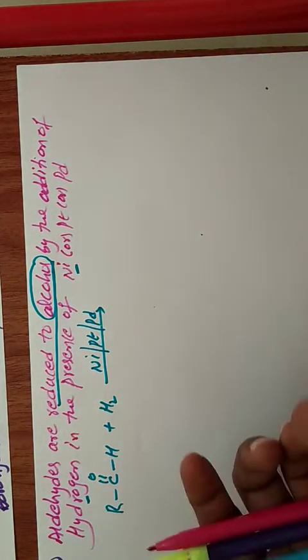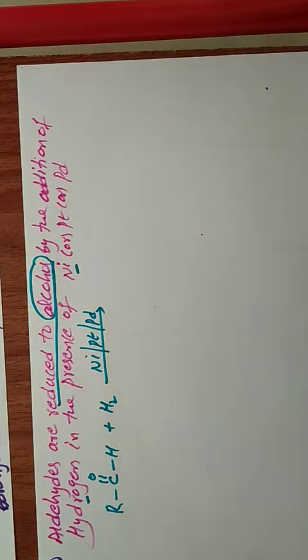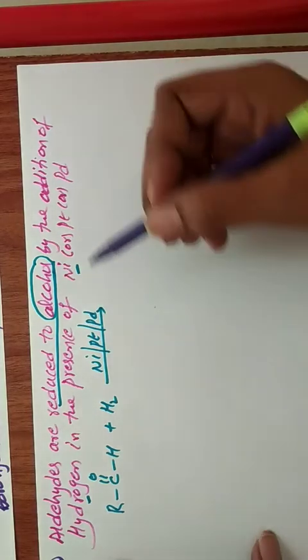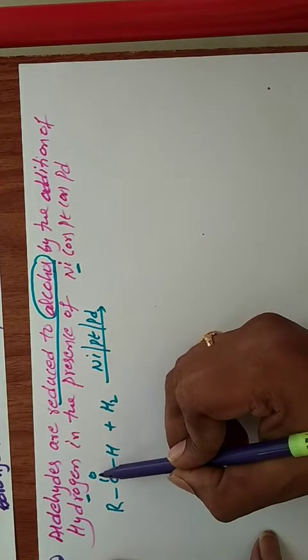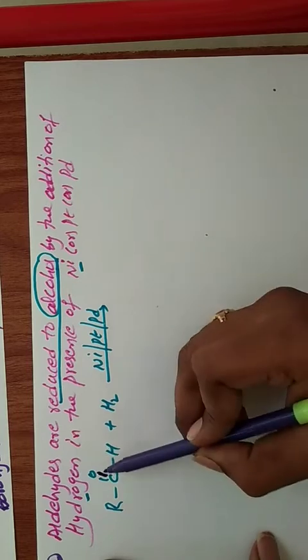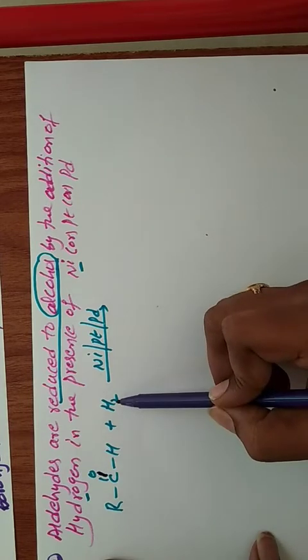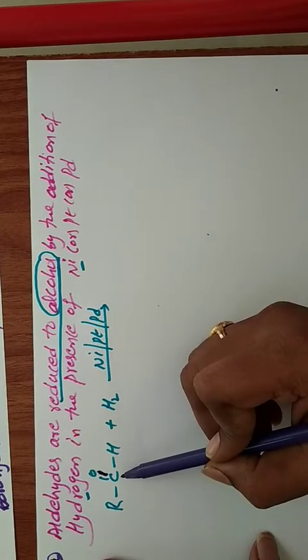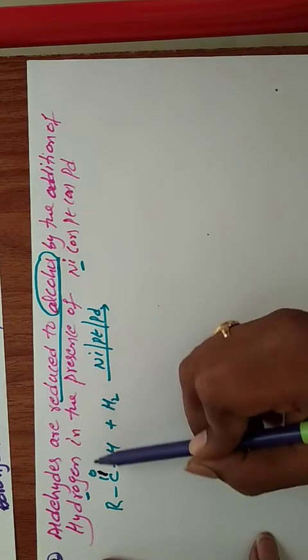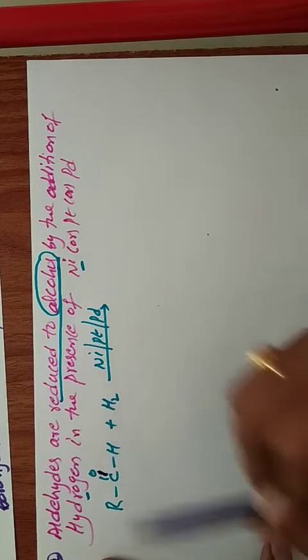We just add hydrogen in the presence of nickel or platinum or palladium. So in this case we can get the product. Simple. How to write the product? This pi bond will be removed. So here, two hydrogens: one hydrogen atom is attached to carbon, another hydrogen atom is attached to oxygen.